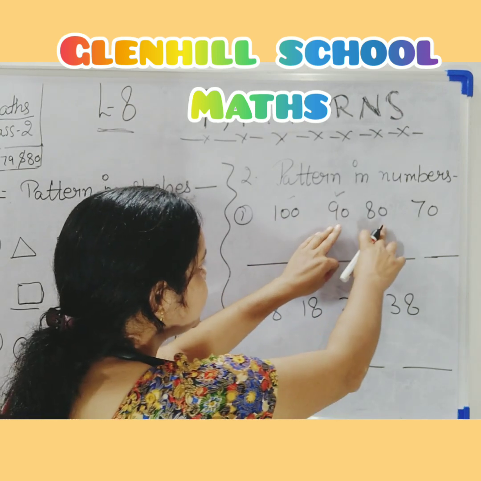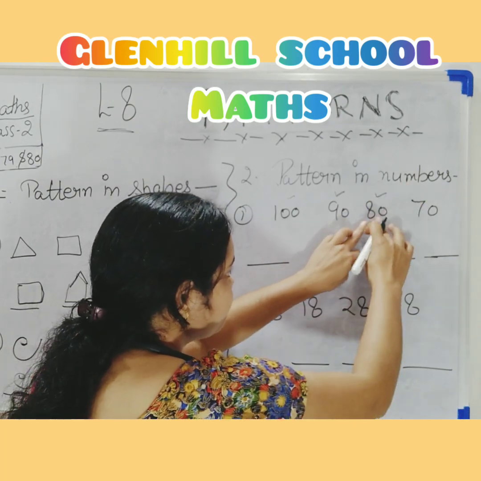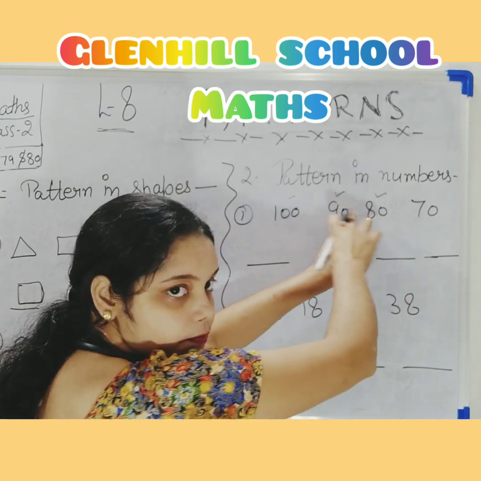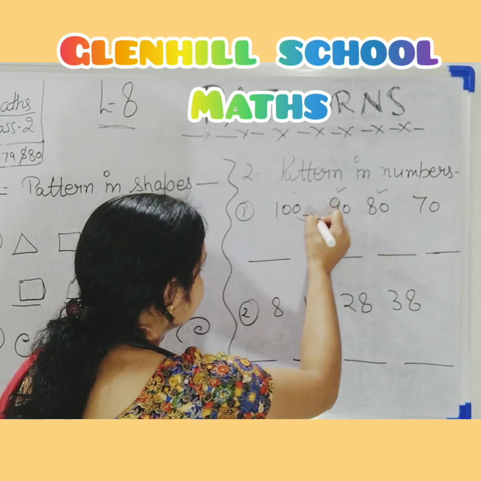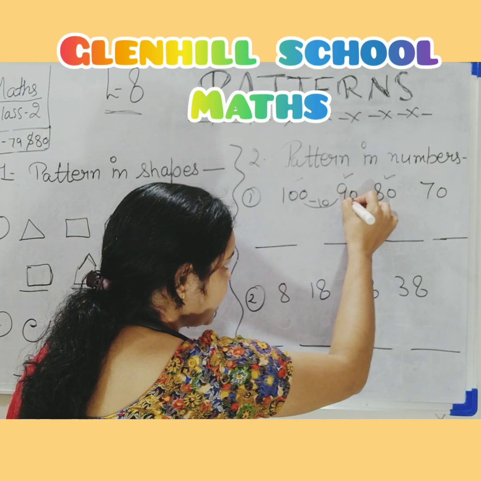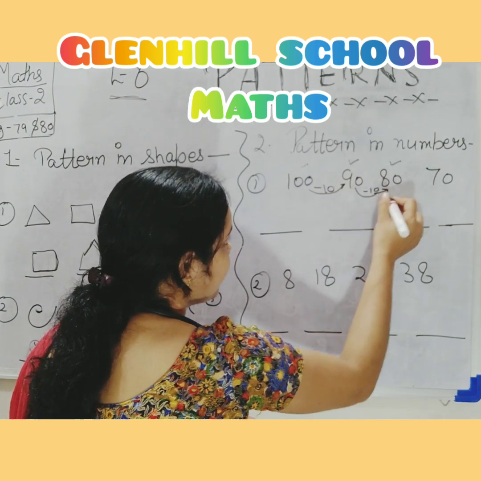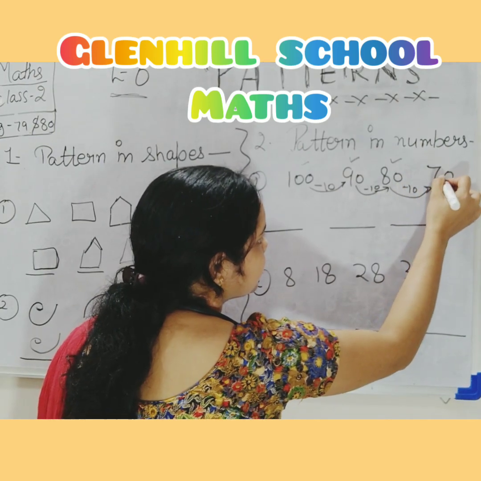Now next is 80, and 80 is 10 less than 90, and after 80 there is 70. 70 is 10 less than 80. So here minus 10 becomes 90, minus 10 becomes 80, and after deducting 10 becomes 70.